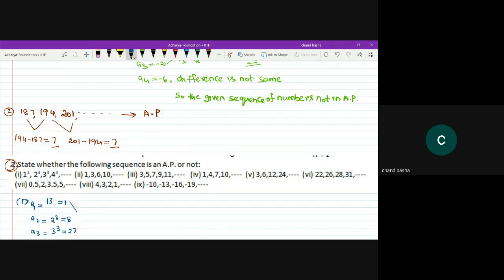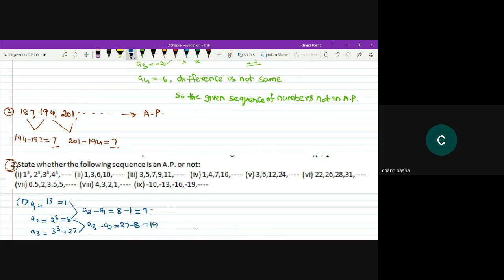Let us take the difference. A2 minus A1 is 8 minus 1, which is 7. Next, finding the consecutive difference, A3 minus A2 is 27 minus 8, which is 19.